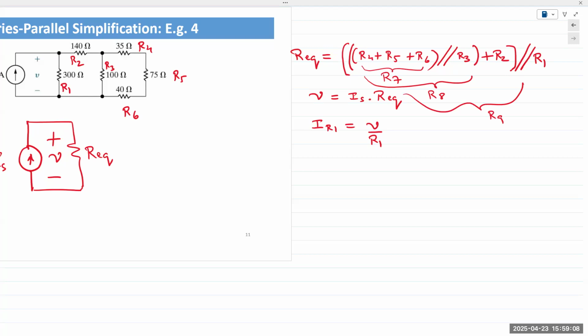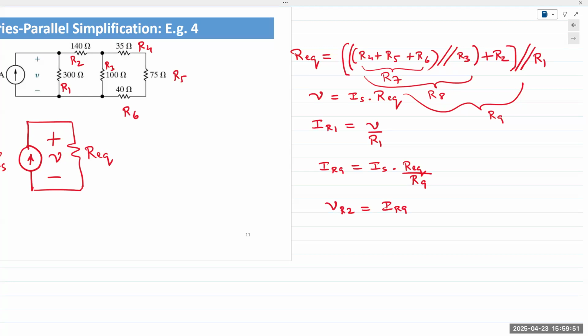So for VR9, I can calculate IR9 by current division, and that would be IS times Req divided by R9. That gives me IR9, and IR9 can give me VR2.